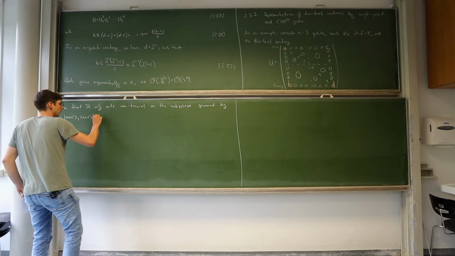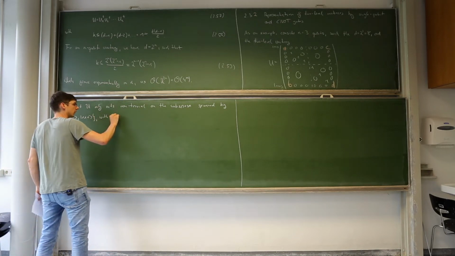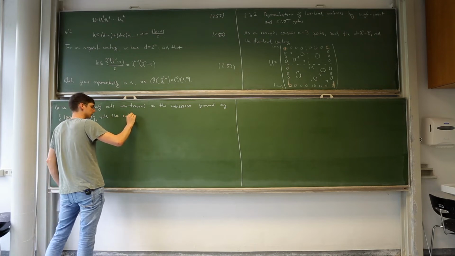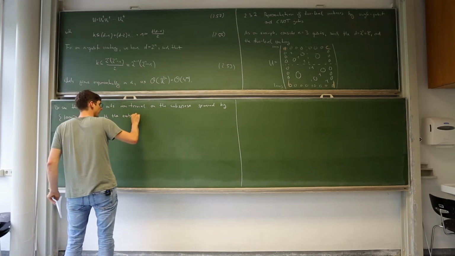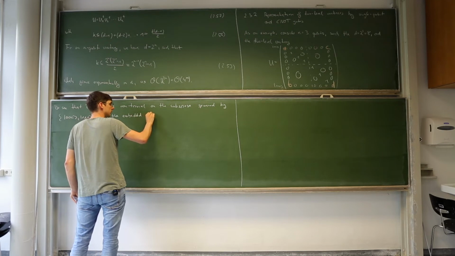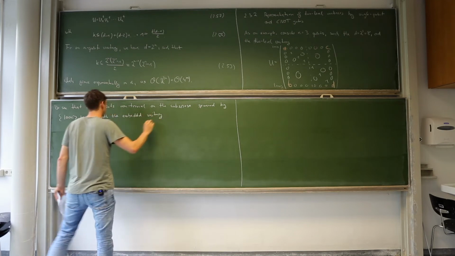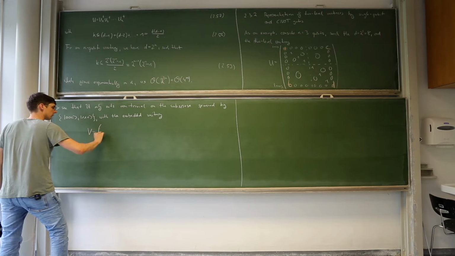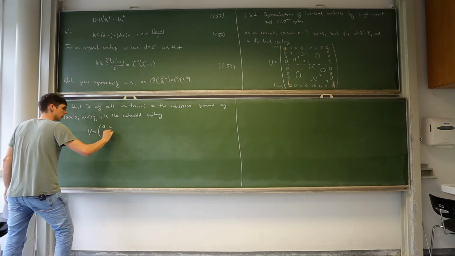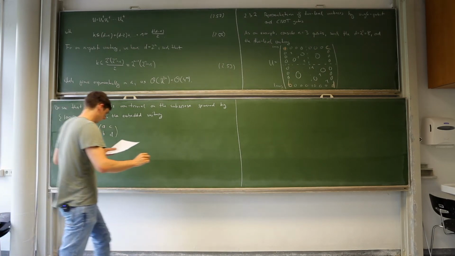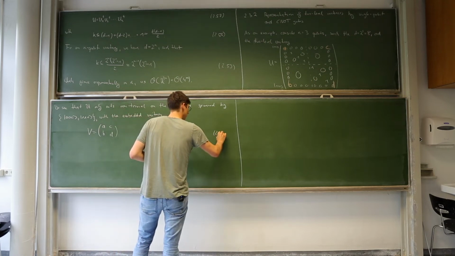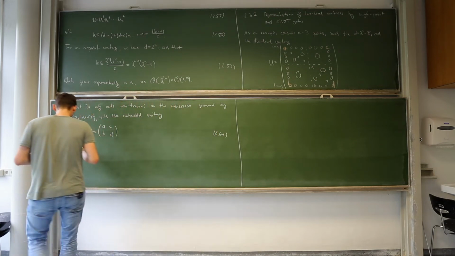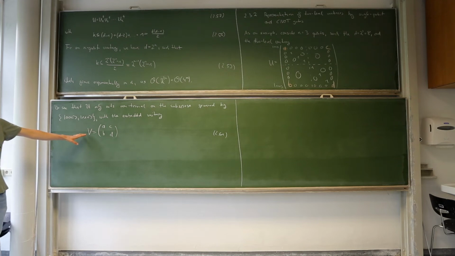But with the embedded unitary, let's call this V. So you see, I now extracted this unitary V, which acts on the subspace spanned by these two basis states.